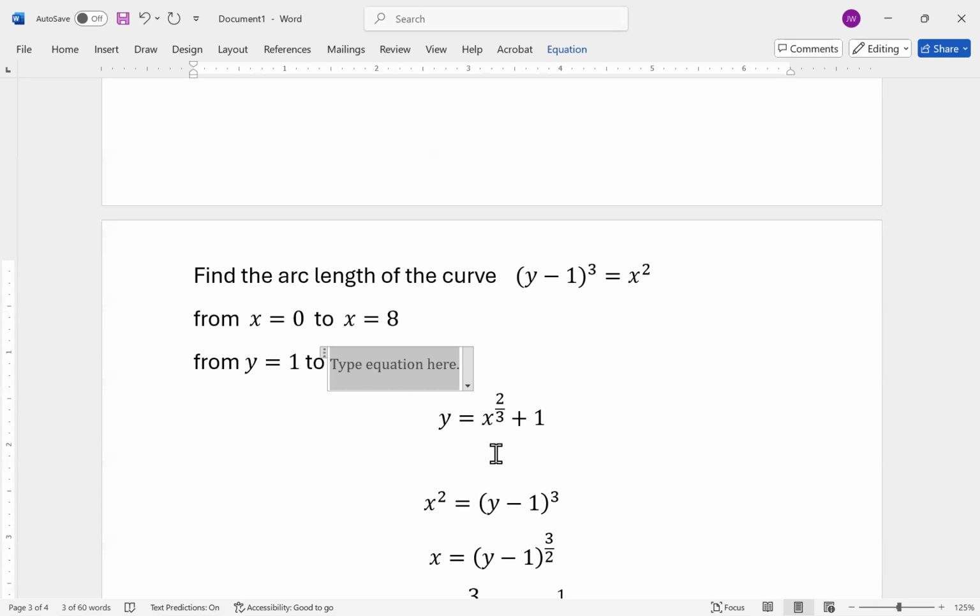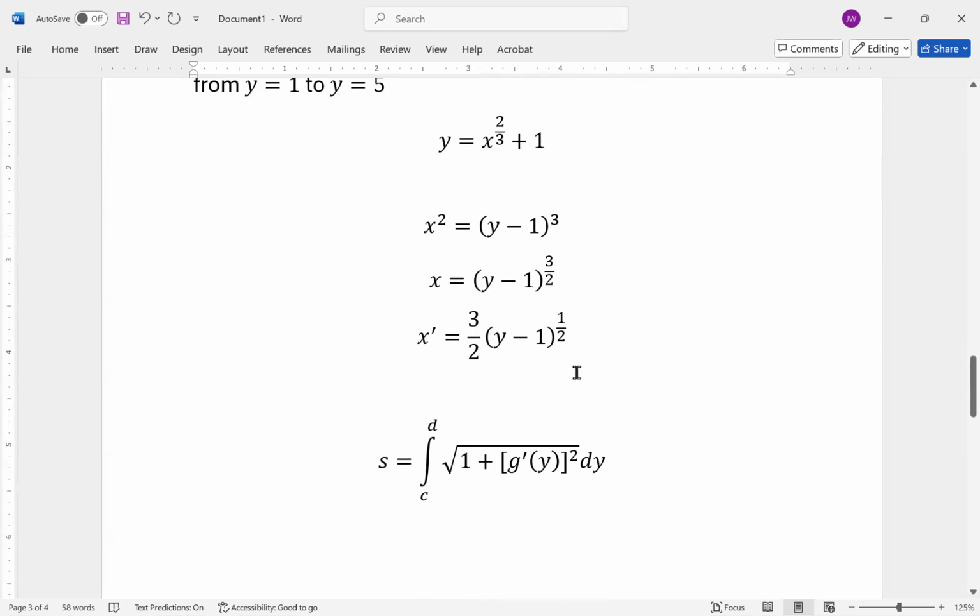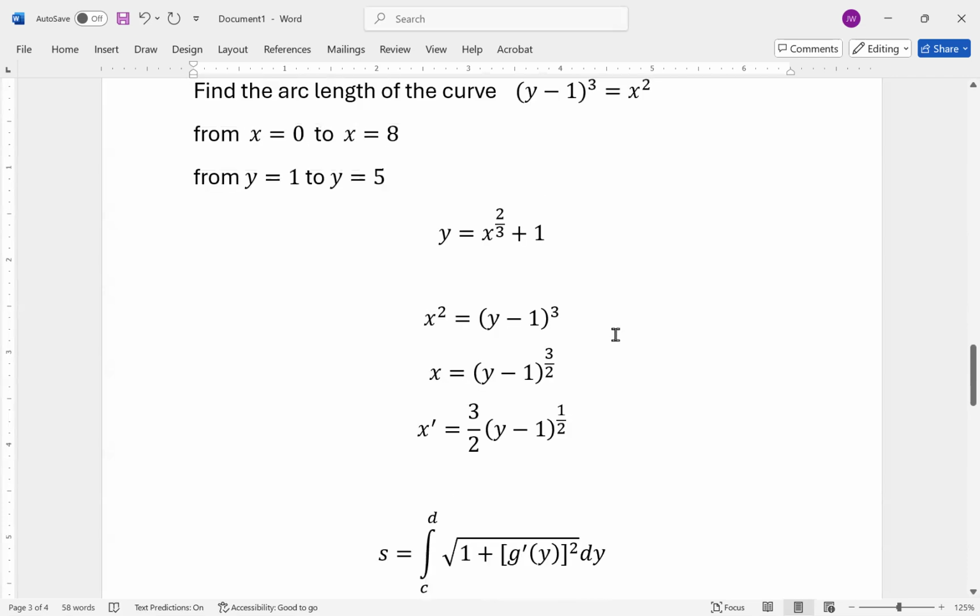So 8 to the 2/3 is a 4, plus 1 becomes a 5. So we're going from y equals 1 to y equals 5. You could have also solved that by plugging in 0 into this equation and then solving for y, and then plugging 8 into this equation for x and solving for y. So x bounds go from 0 to 8, whereas the y value bounds are going from 1 to 5.